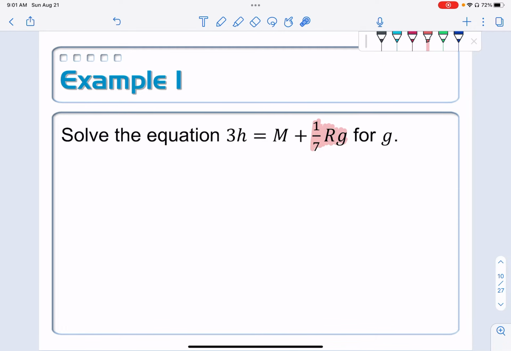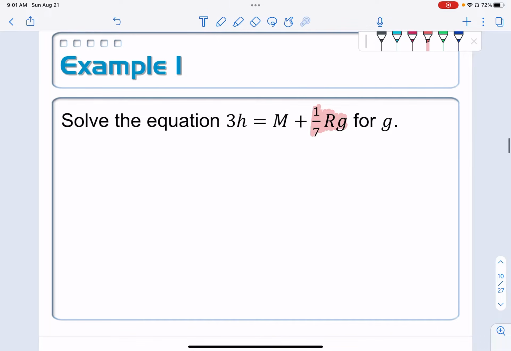So it would be to our advantage to get rid of the fraction as our first step. To get rid of the fraction, all you have to do is multiply everything here by 7, because there's only one denominator. If there were multiple denominators, you'd get the common denominator. There's only one, and if we multiply everything by 7, it gets rid of this fraction.